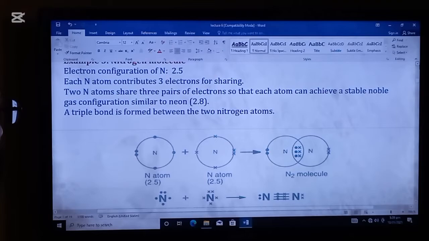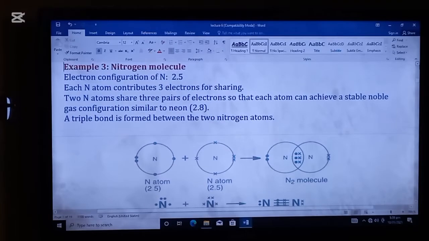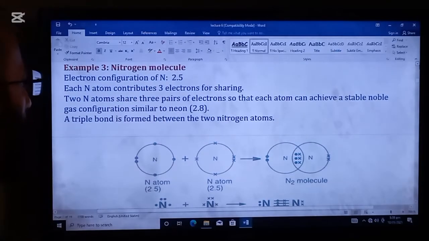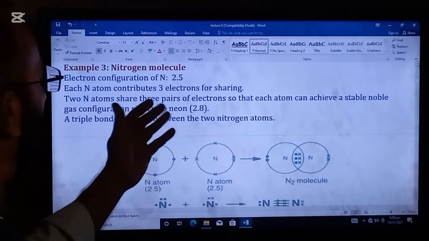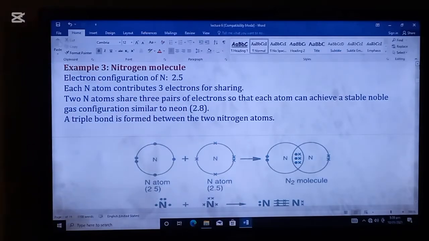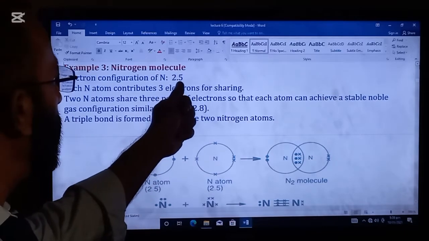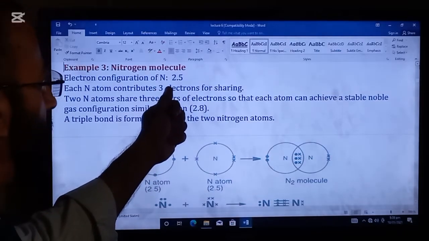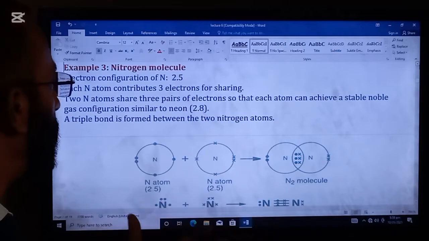And another example is here, that is the nitrogen molecule. Electron configuration of nitrogen is 2,5. From here we can see nitrogen requires 3 electrons to achieve noble gas configuration.